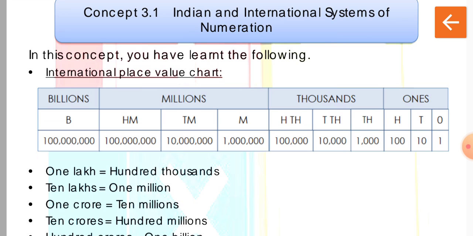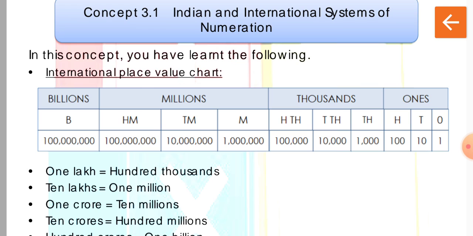Same as the Indian system, you can also put commas in the international system to read and write the numbers easily. And here also you have to put the comma after each period. So look, children, here all the periods have three places, so you can put commas after each three digits.